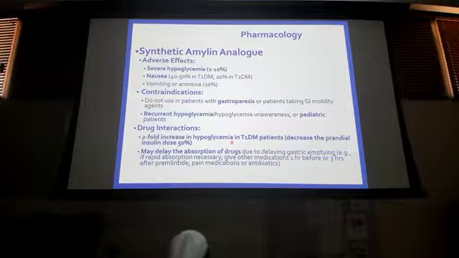Contraindicated in patients with gastro problems or ones that do not know that they're going to be hypoglycemic. And then because it slows gastric emptying, it can delay the absorption of oral medication. So you've got to figure out what other meds patients are on, and then figure out when they need to take those along with your pramlintide, right?